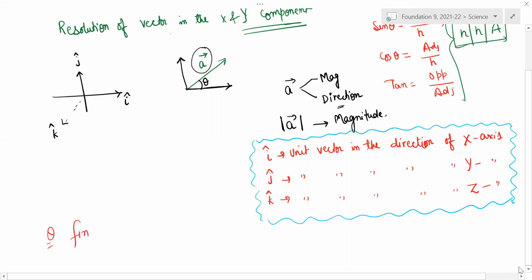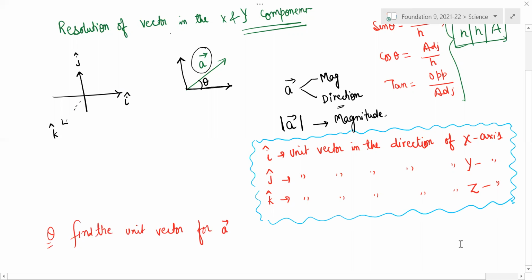Okay, so this is the new learning point. And now the question is: find the unit vector for a vector.